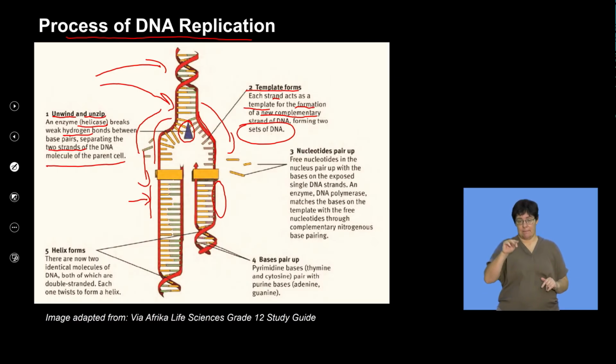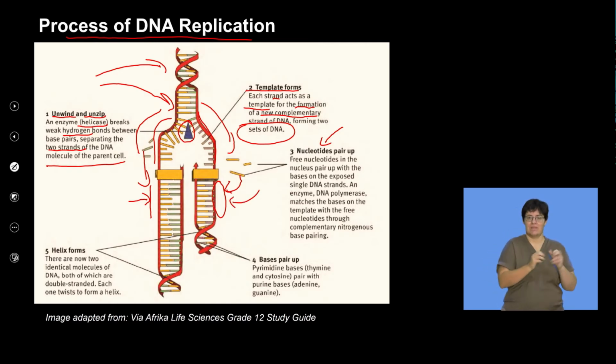Using the enzyme, and the enzyme in this case is DNA polymerase, that enzyme brings in the free complementary building blocks called nucleotides. These templates are now exposed. The nucleotides that are floating in the nucleoplasm are brought in to base pair with their complementary bases on the DNA template.